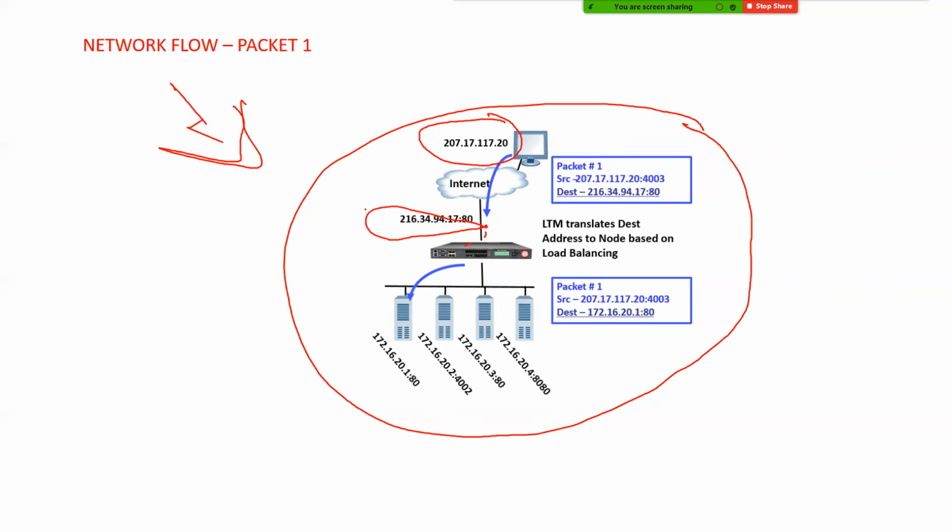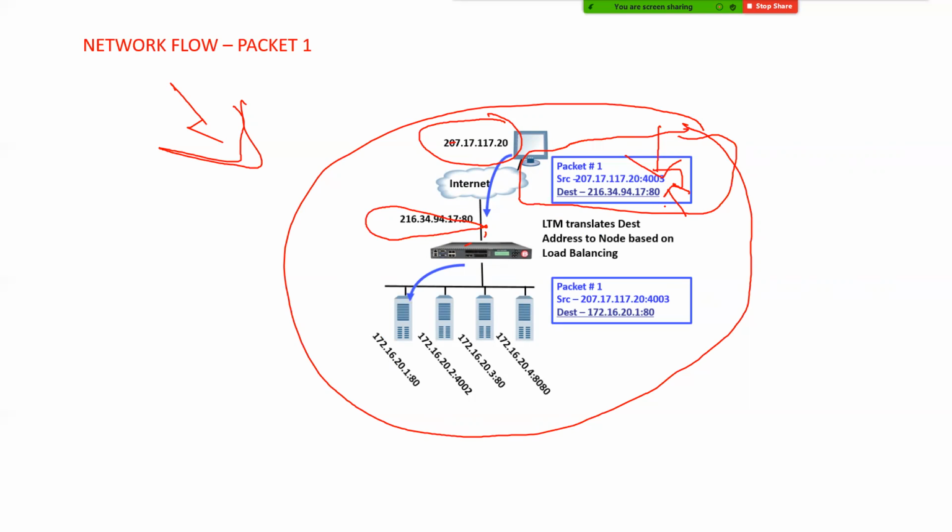First of all, if we talk about the network flow packet and IP address, the source would be your browser IP address and the port is random, which we are using as port 4003. And what would be your destination in packet one?